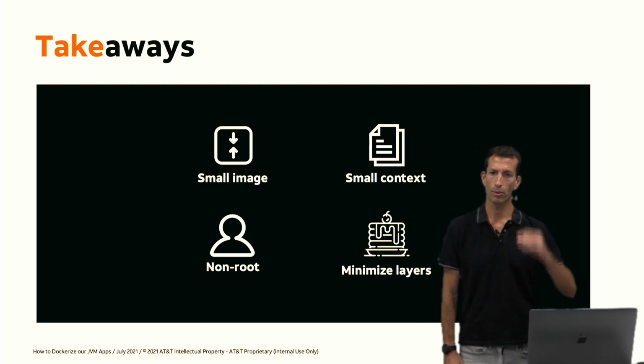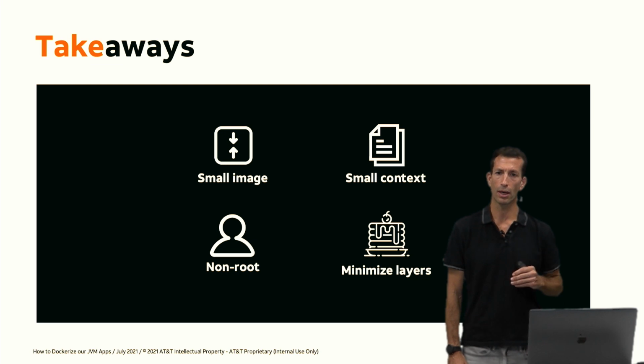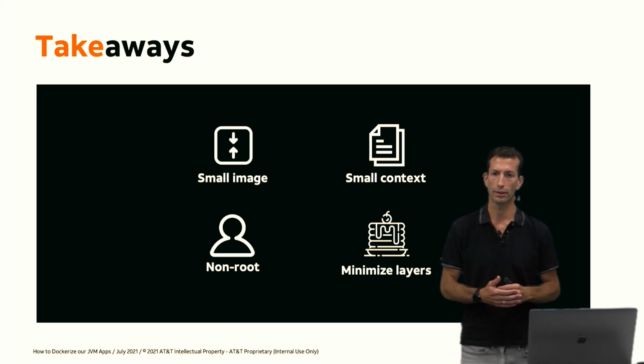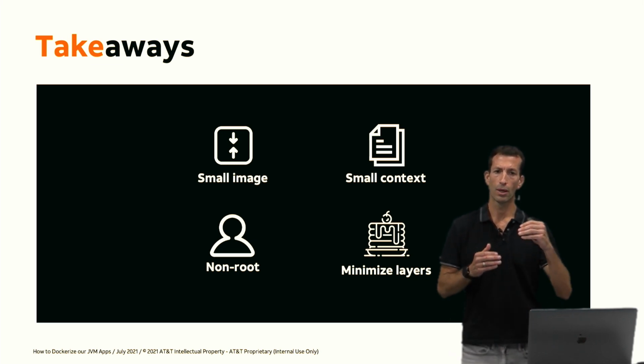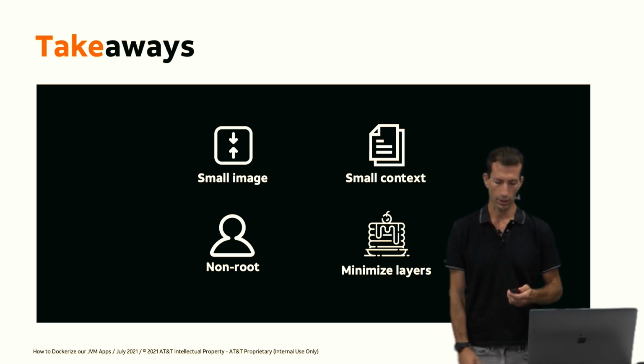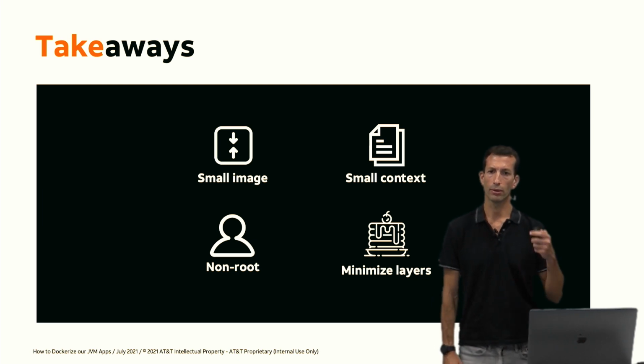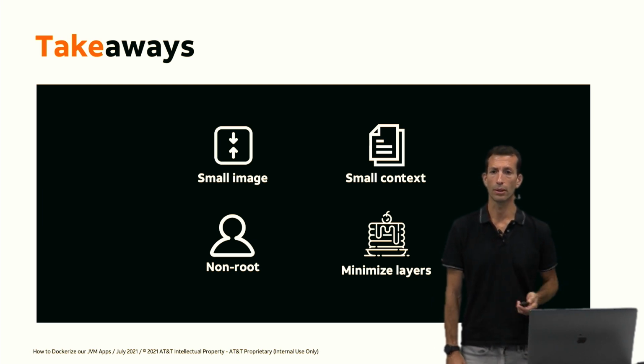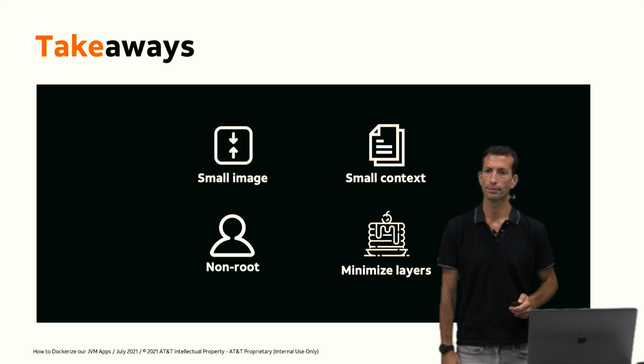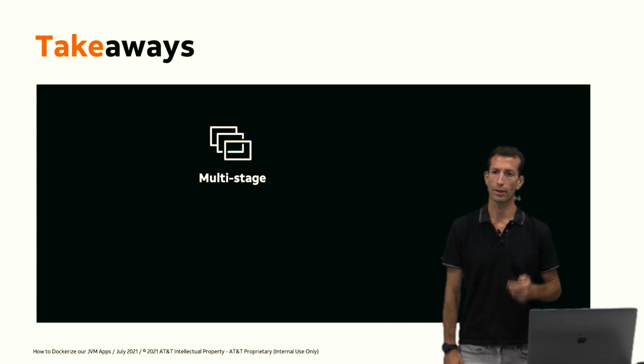Minimize those layers. Remember, we talked about the RUN and COPY instructions that create layers. If you have a few commands that you need to run and they're logically one unit, then combine them into one instruction. You'll decrease your image size and the build time.